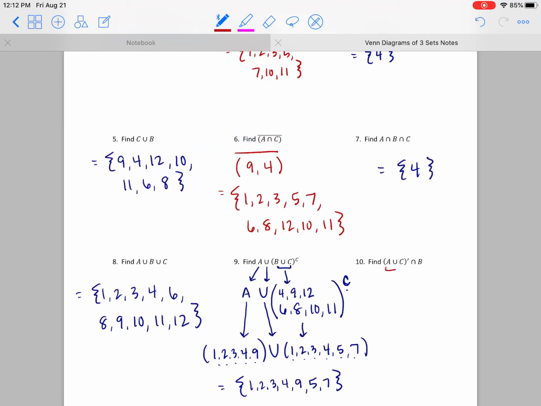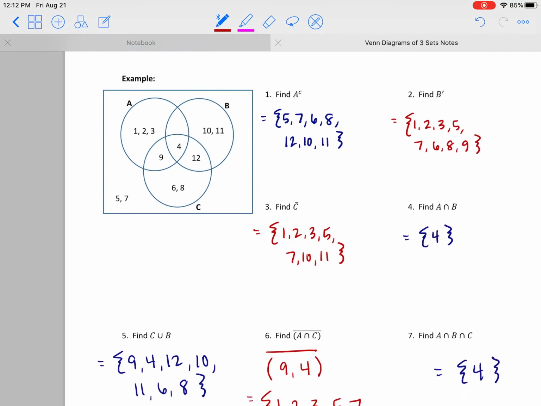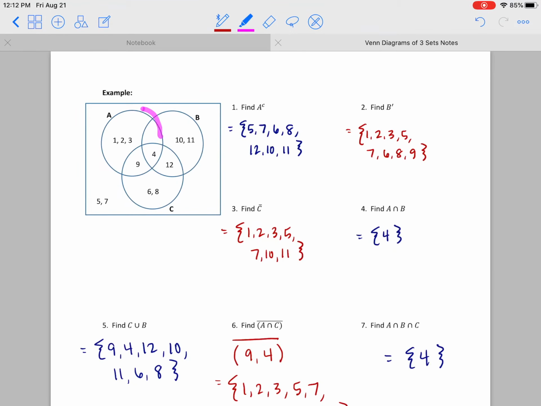If I unite A with C, then I've got 1, 2, 3, 4, 9, 6, 8, and 12.